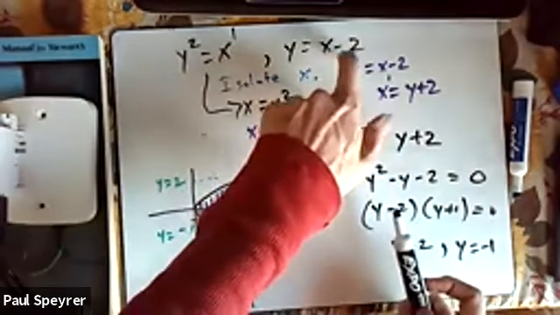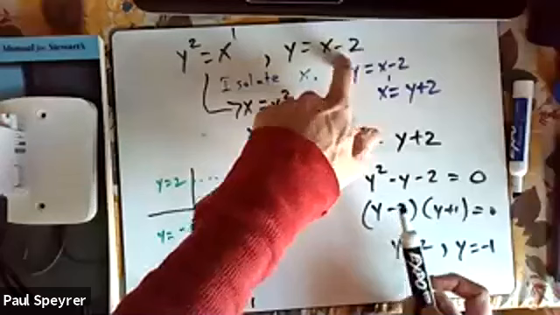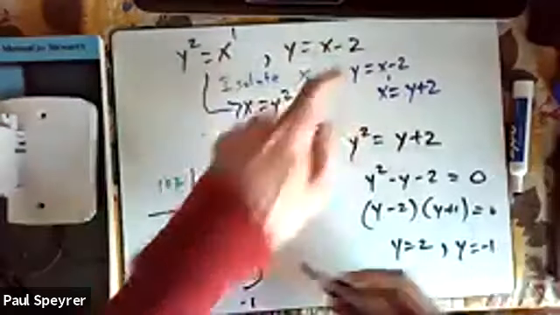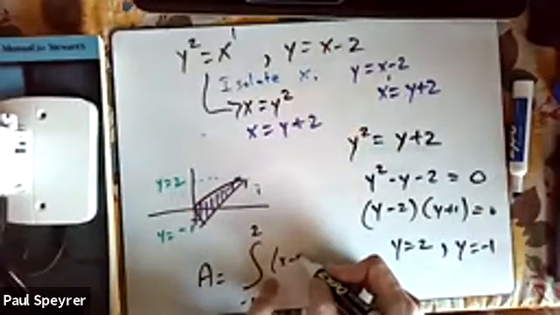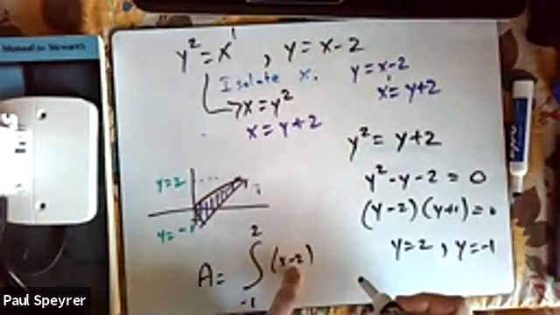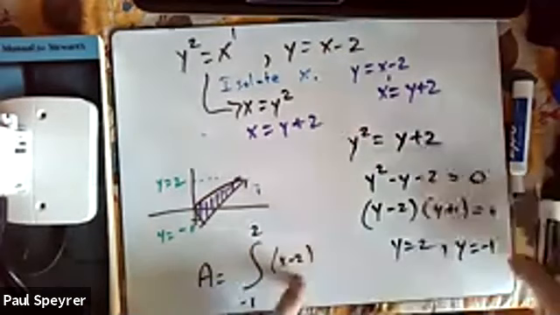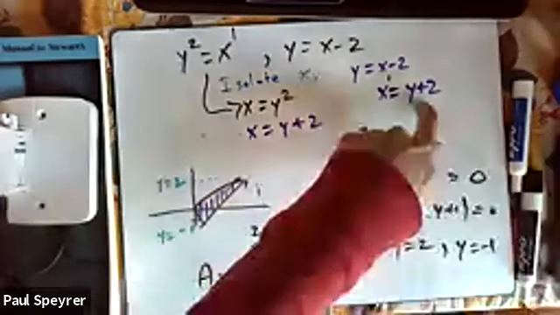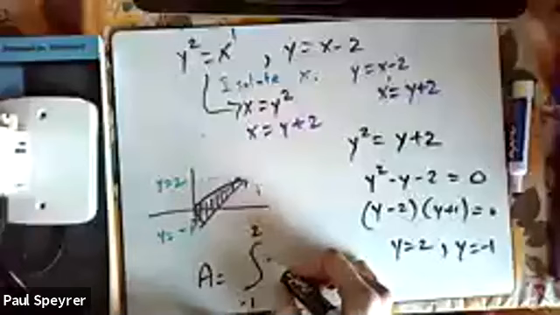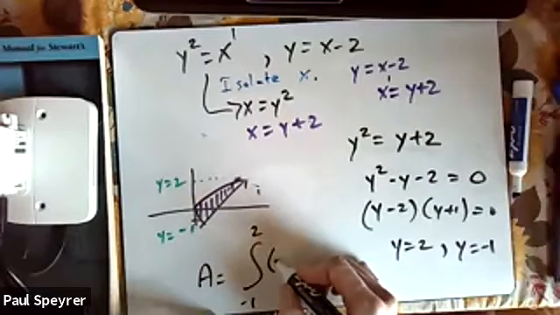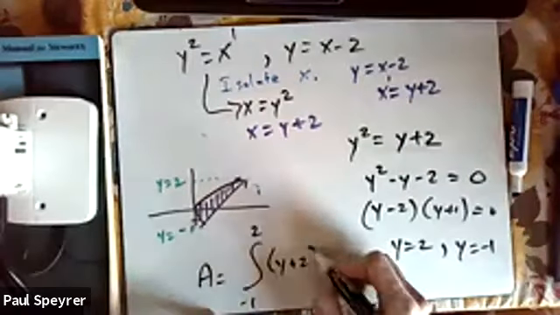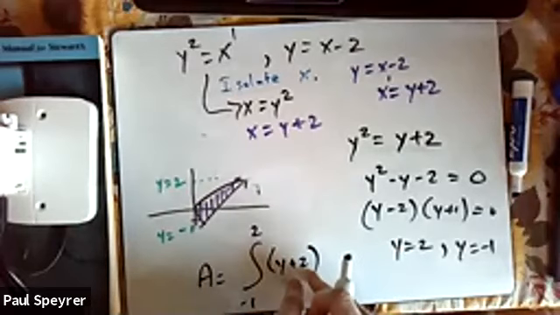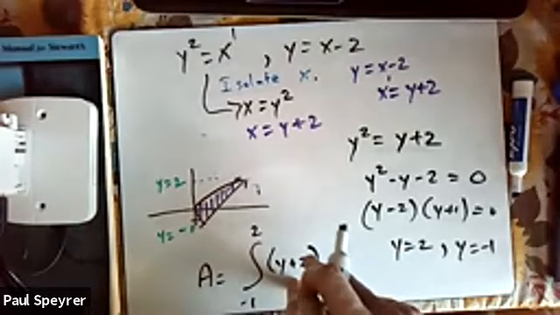It's this one. But very important though, you're not gonna put x minus 2 right here. No, it's got to be in terms of y. So what is that in this case? It's y plus 2 right here. So you're gonna have y plus 2. Important. Why? It's got to be in terms of y this time.